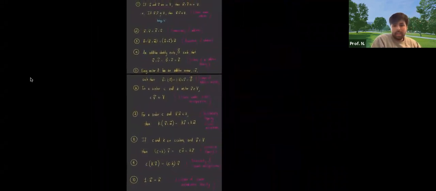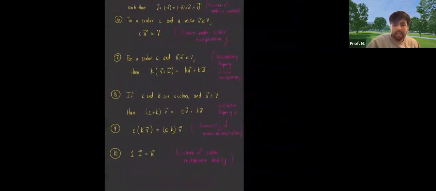So these 10 axioms, if it holds for any set, is considered a vector space.